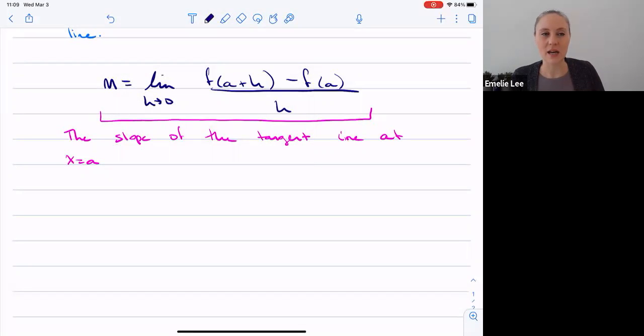We can use the same idea for the velocity. We did an example on that, but just remember that if you have a distance function and you have to find the velocity, that is the slope of the tangent line of the distance function.